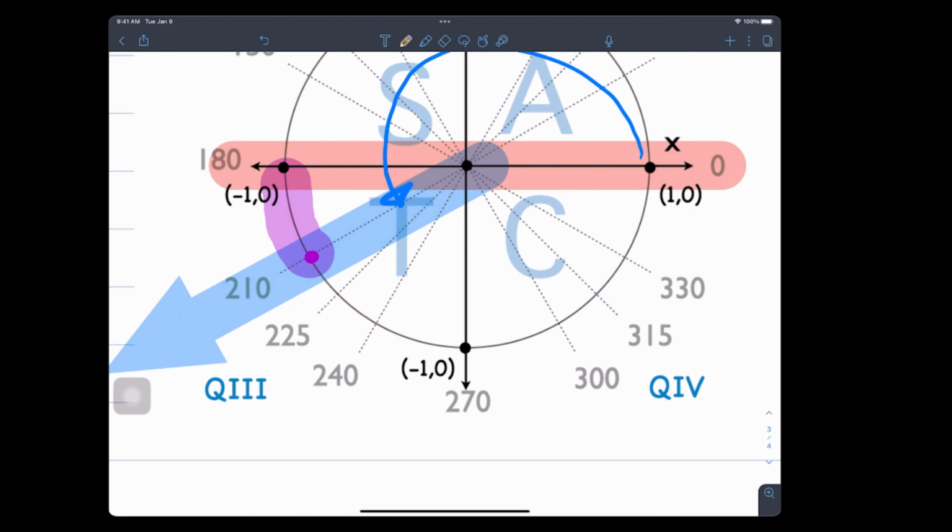Oop, we want a highlighter. Which path is the shortest? Anybody know? What path is the shortest? Purple?